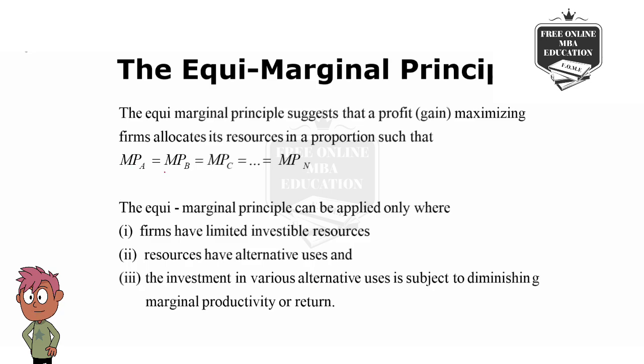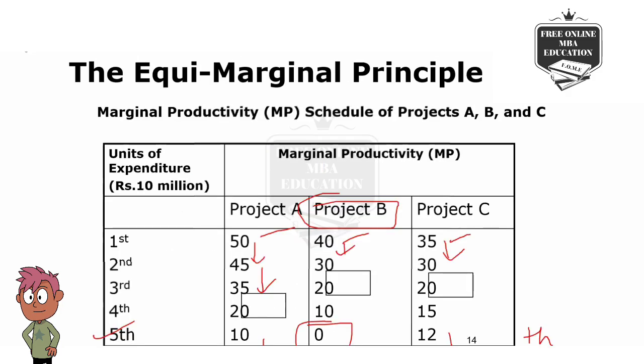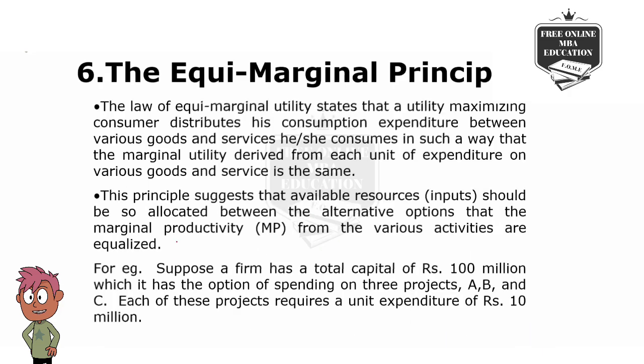So MPA should be equal to MPB, should be equal to MPC, should be my net marginal productivity, that is MPN. And this is normally how I will proceed. Now, this principle will suggest that whatever your available resources or inputs are, they should be allocated in such a way between the alternate options that the marginal productivity from various activities should be equalized.